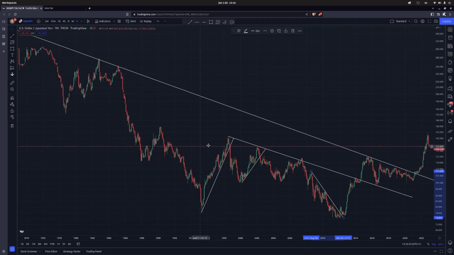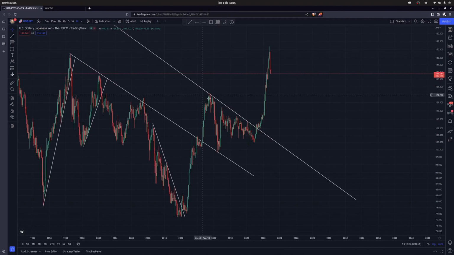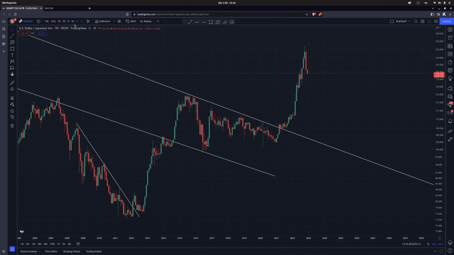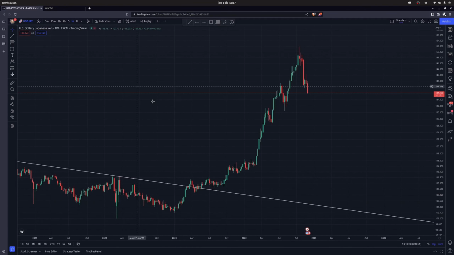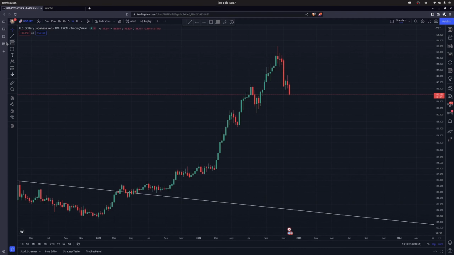So yeah, those are trend lines. And if we zoom in, if we go to the weekly, right, we have here an uptrend. Well, let's try to connect those here. Something like that, right?